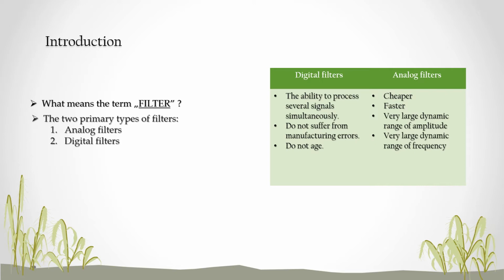It's easier to program something than to build it physically, which would have to be done for analog filters. Also, digital filters have a better effect in relation to the price, and they don't suffer from manufacturing errors and do not age.